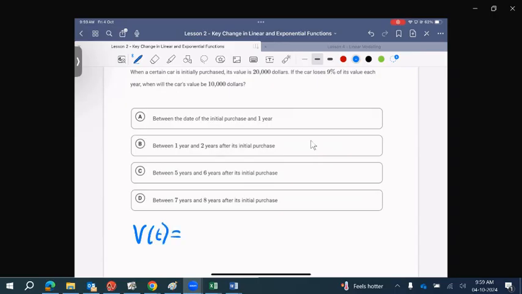What's our initial value? 20,000. What's our common ratio? 9%, so how do we make a 9% decrease? 0.91. Let me show it a little bit more because not everybody seemed to know that one.